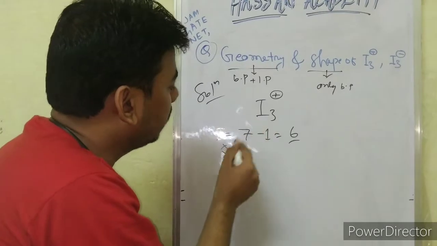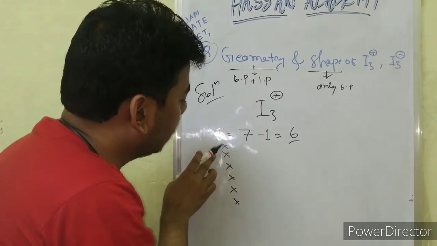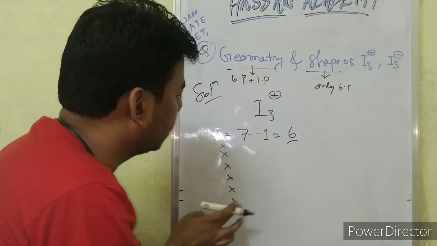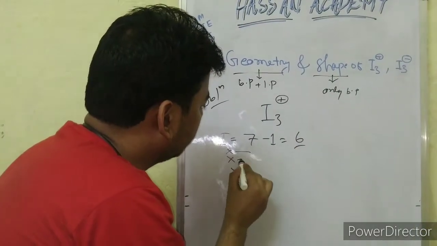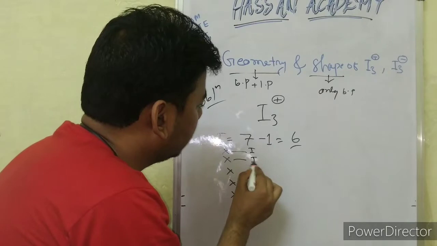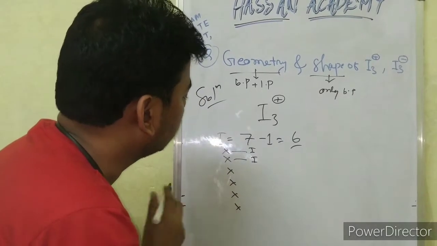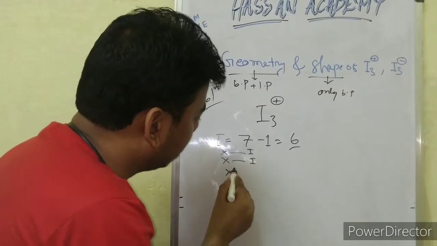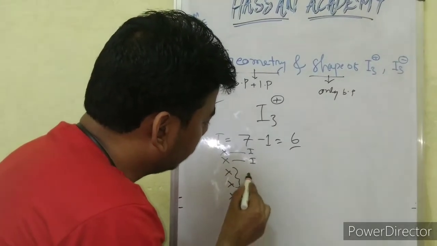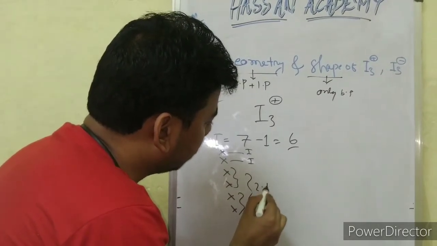Here people make a mistake: they draw 6 electrons like that but then make 3 bonds, but you need to make only 2 bonds with 2 iodine. Since iodine is monovalent, we make only 2 bonds, and 4 electrons are still left, so these are 2 lone pairs.